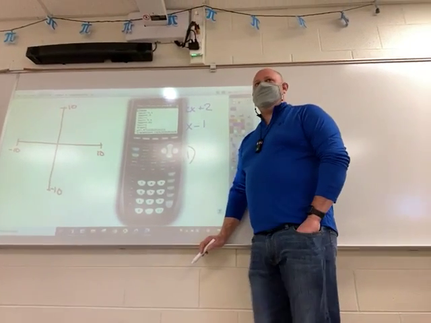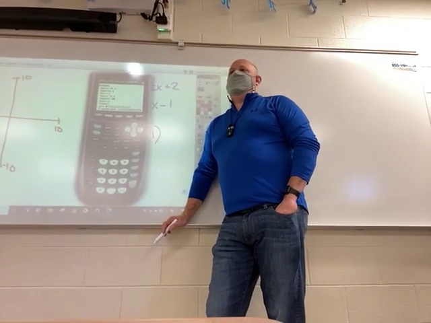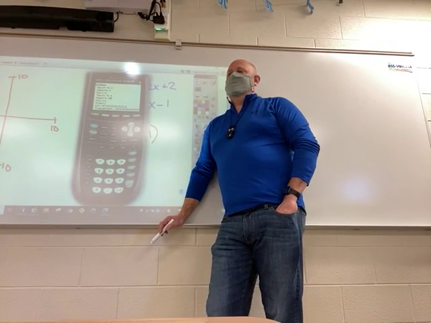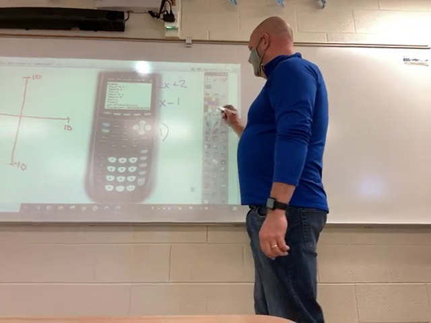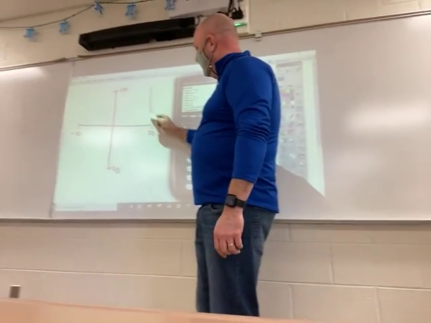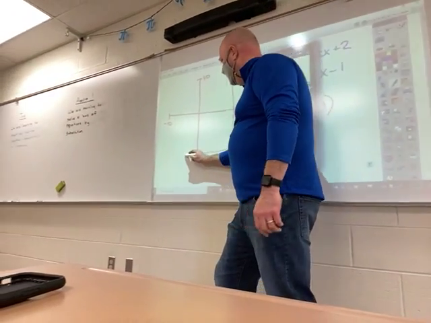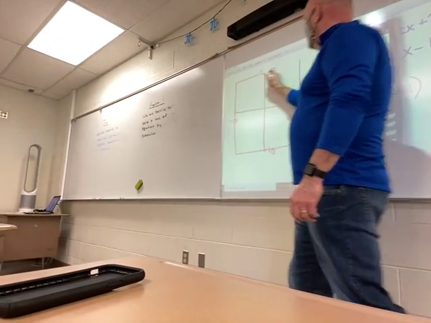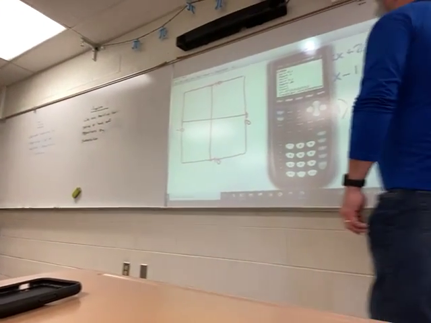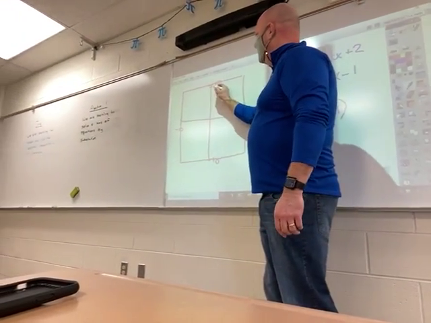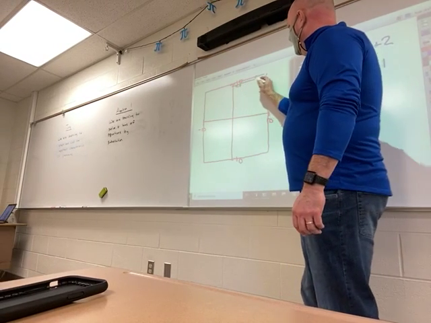Okay? Is that going to change my picture much? So basically what it means is instead of zooming into a window that's this big, well, now we're going to zoom in just a little bit to 9.4.